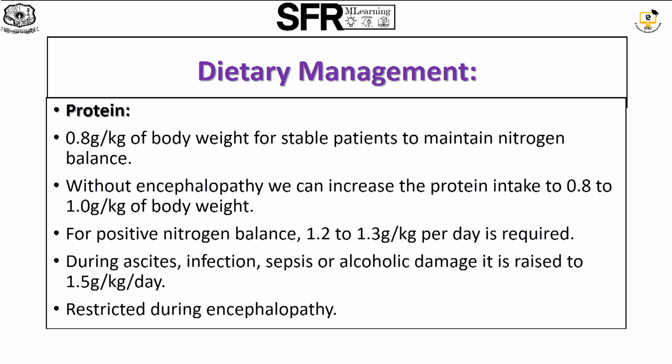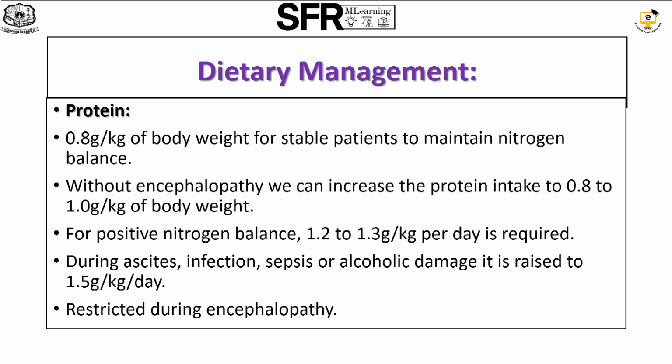So, without encephalopathy, if a person is not having encephalopathy or increased ammonia concentration in the blood, we can increase the protein intake from 0.8 to 1 gram per kilogram of body weight, because during the breakdown of protein also the ammonia will get eliminated.